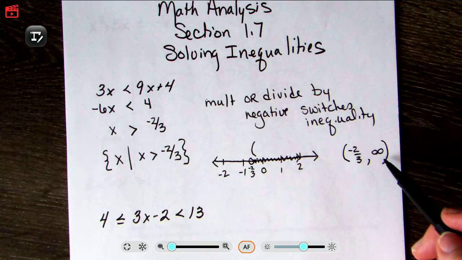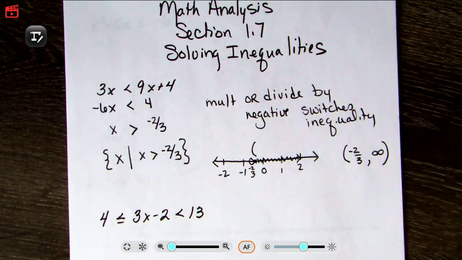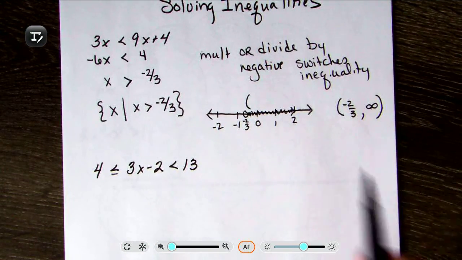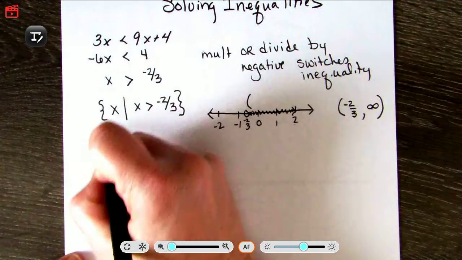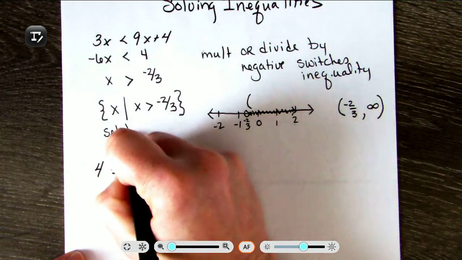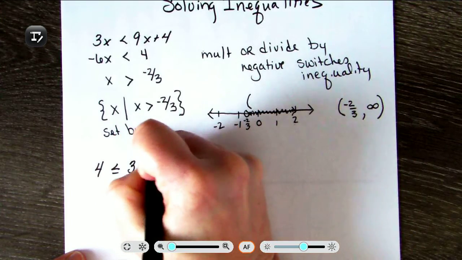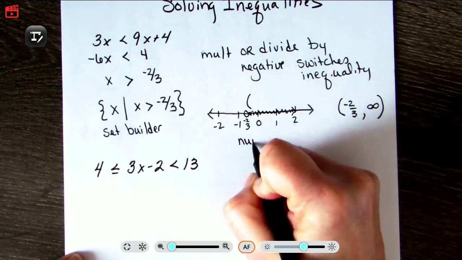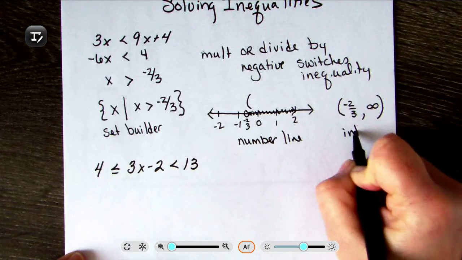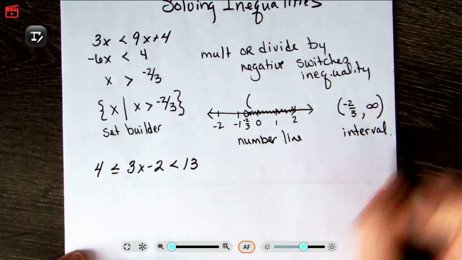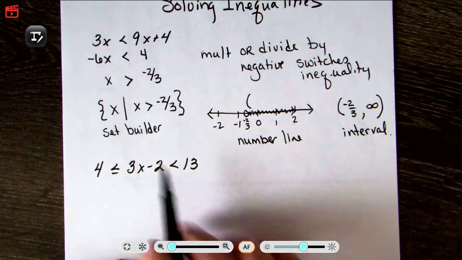We don't include infinity on our scale. So this would be interval notation, number line, set builder. I should probably write that down for you. Set builder, number line, interval. So notations.